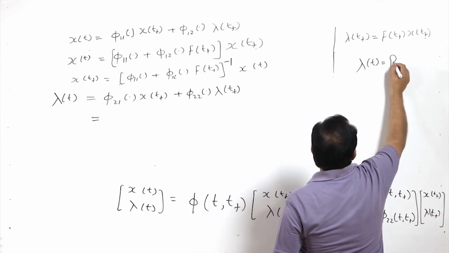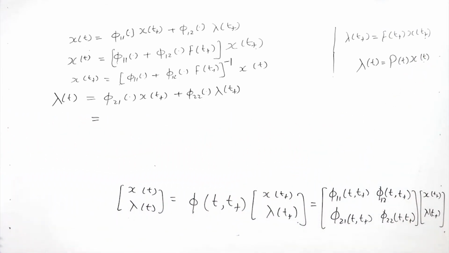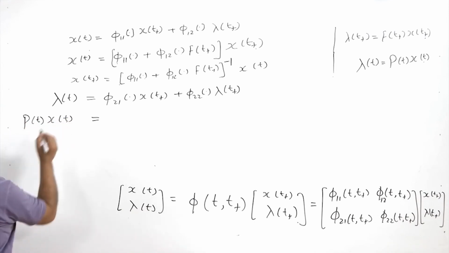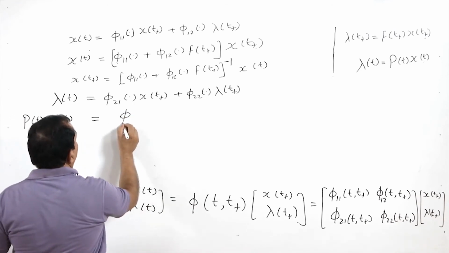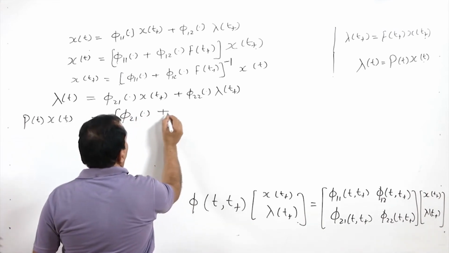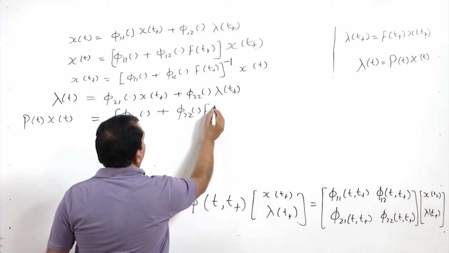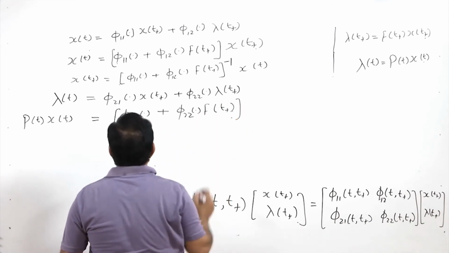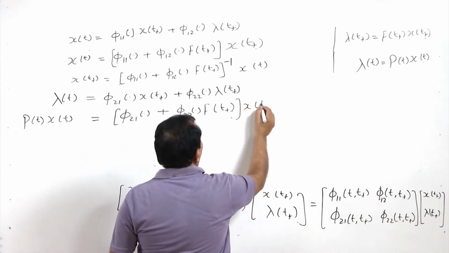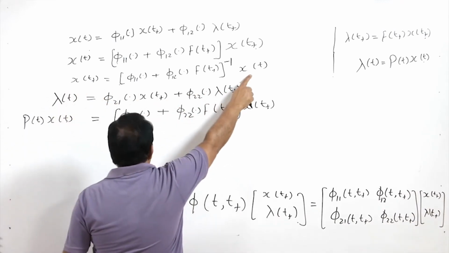Lambda(t) we have taken as P(t) x(t). So, lambda(t) we are writing as P(t) x(t), and here phi 21 plus phi 22, in place of lambda(t_f) we have f of t_f, this is multiplied with x of t_f. Now x of t_f I can write in terms of the x(t) from here.